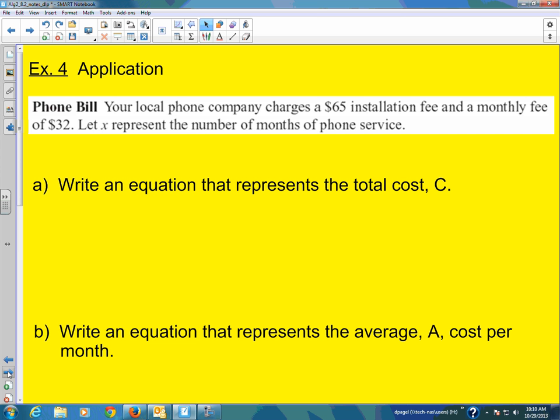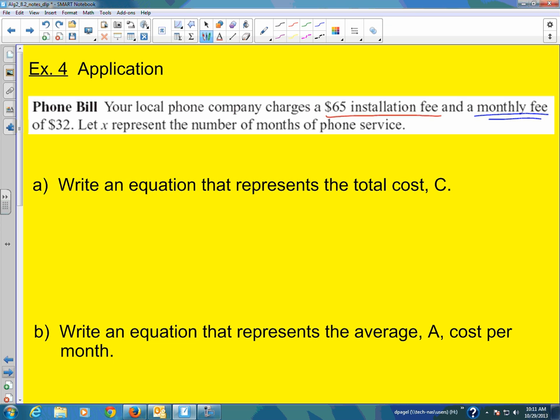So the longer I hold on to my phone service, my monthly cost will adjust. Why is that the case? Well, maybe we should start out with the first equation. We've got an installation fee. And an installation fee is a one-time deal. You don't have to pay that more than once. Then we have a monthly fee.